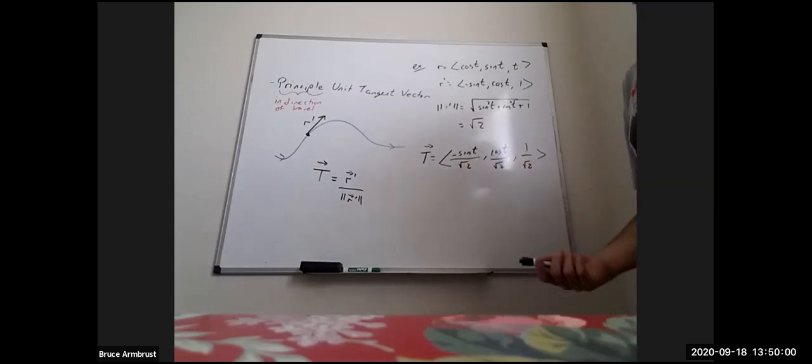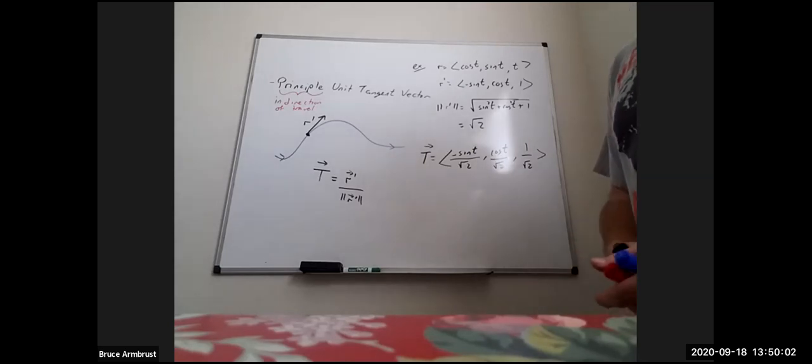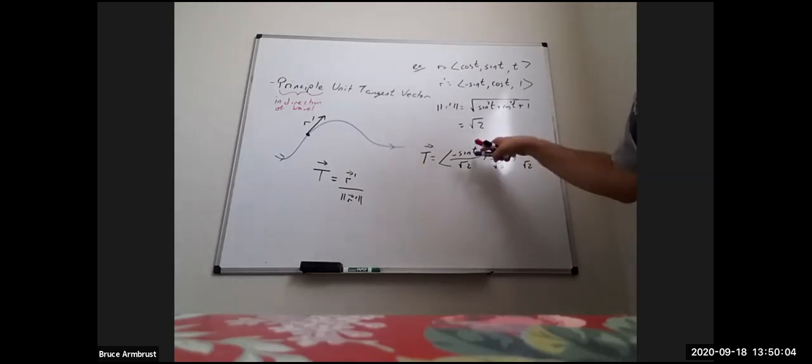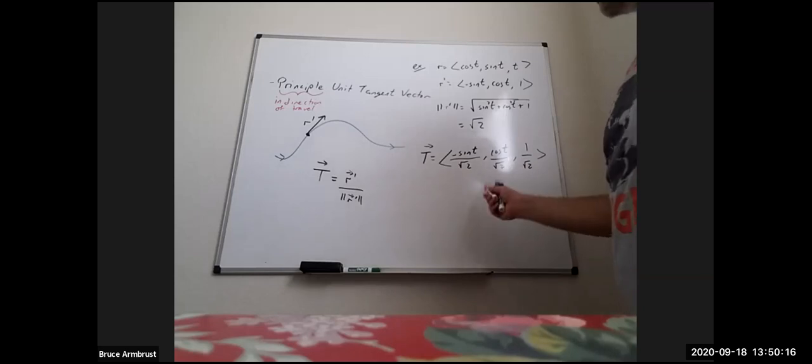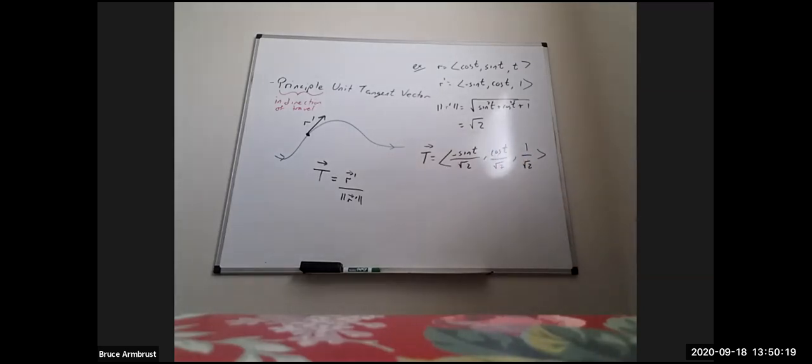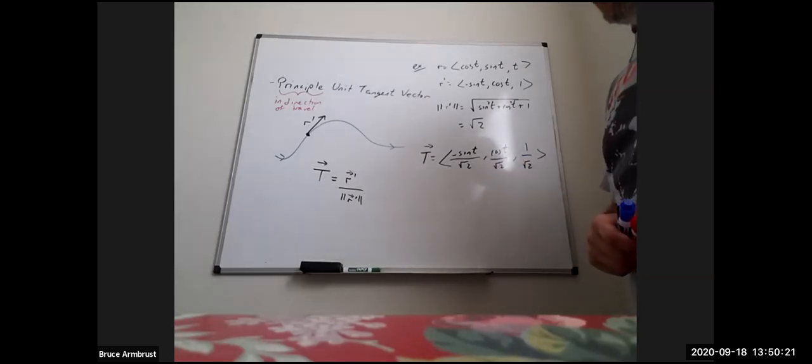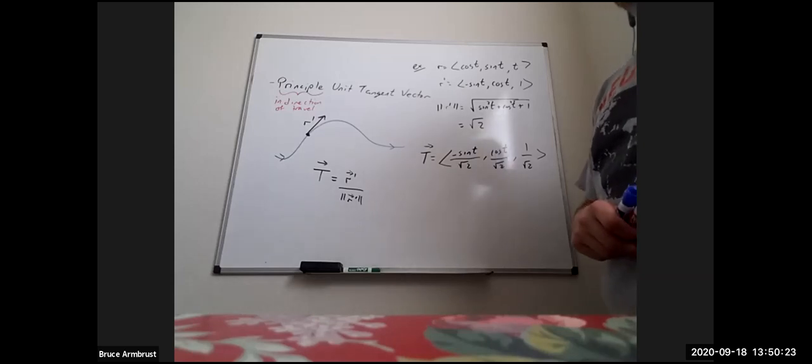So you give me a t value, you tell me where we want to be. You give me that t value, I plug it in here, and I can tell you exactly what the unit tangent vector is and give it its coordinates. So again, this points in the direction of the curve, and it is length 1.